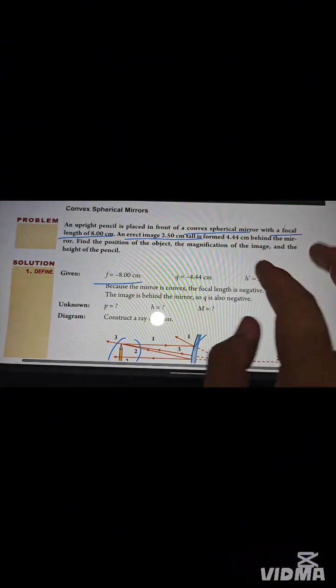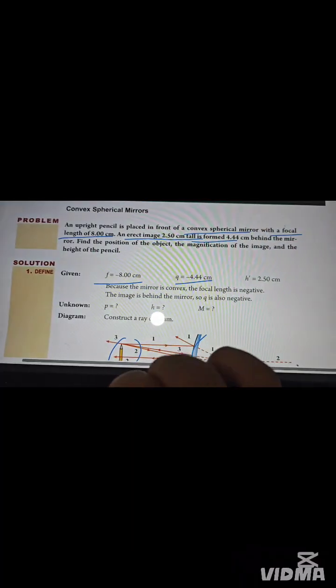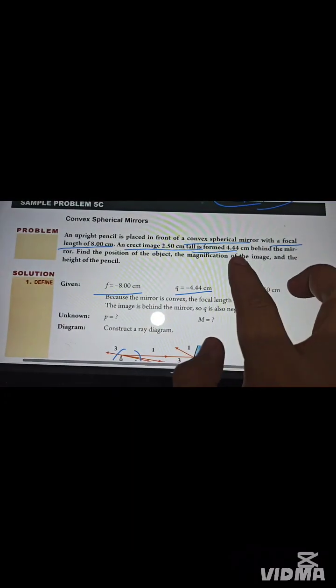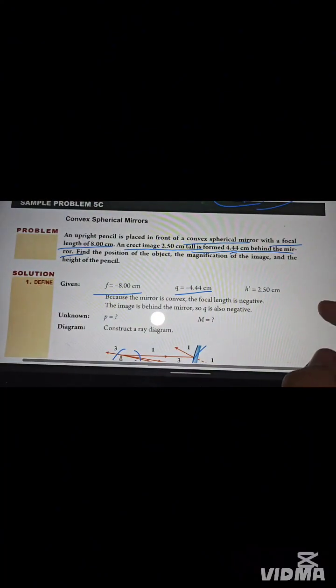An erect image 2.50 centimeter tall is formed. The image distance q will be negative, as I told you, 4.44 centimeter behind the mirror.